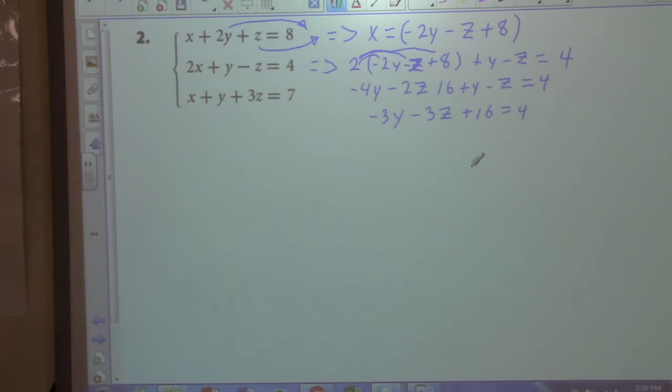And then what? Subtract 16, right? So we have negative 3y minus 3z, and if we subtract 16, 4 minus 16, we get negative 12.